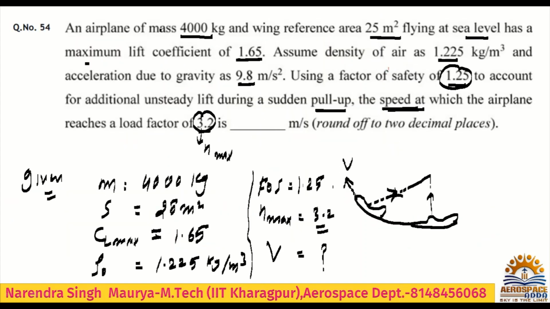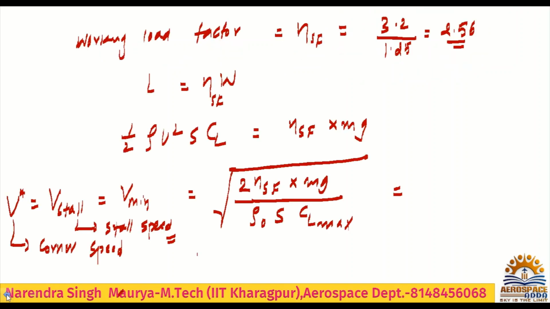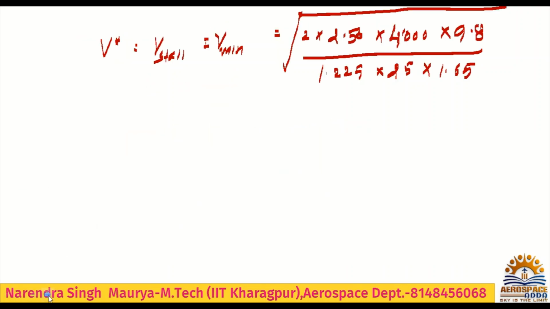Area will check. 25. Yes or no? This is the 25. What is the CL? It is 1.65. Take root of the whole thing. All right. Calculate this, so you may get V star.